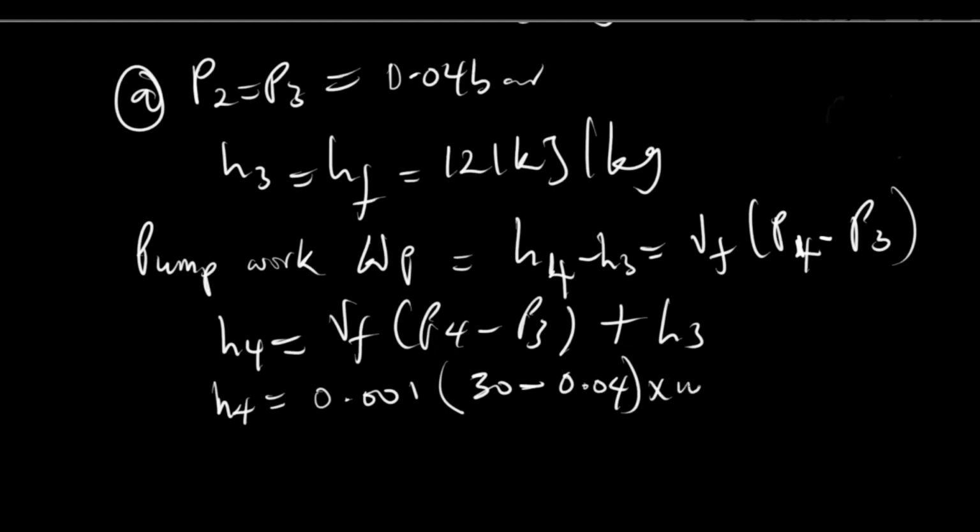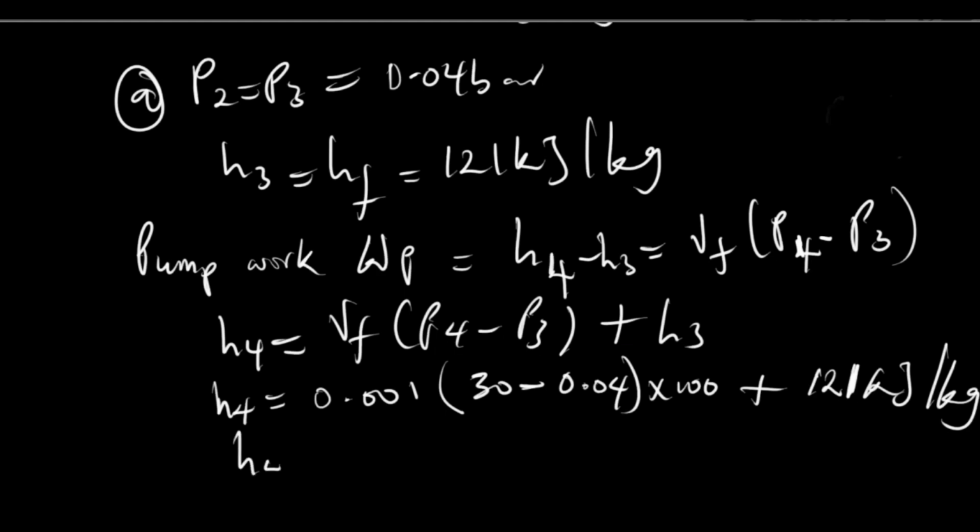Kilopascal by dividing by 1000. So finally we have times 100 plus the H3, which is 121 kilojoule per kilogram.